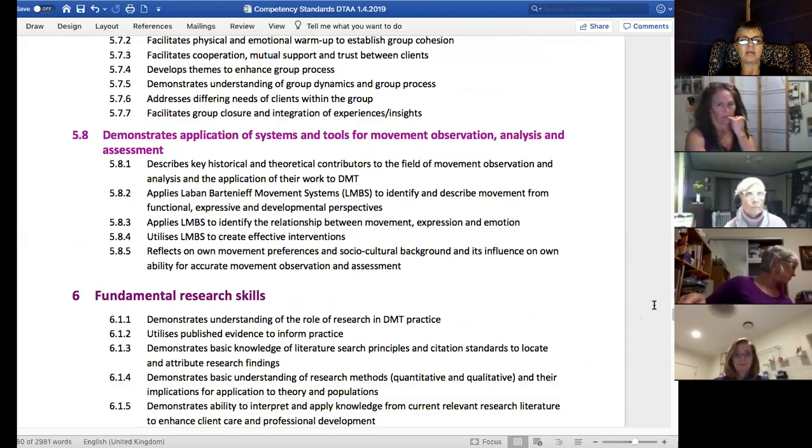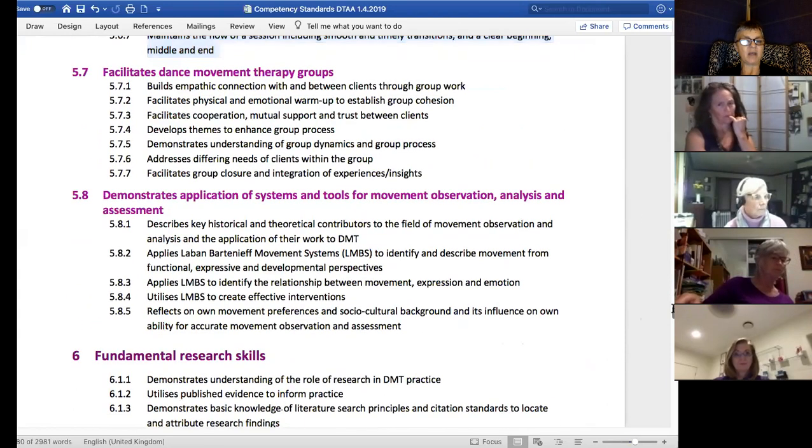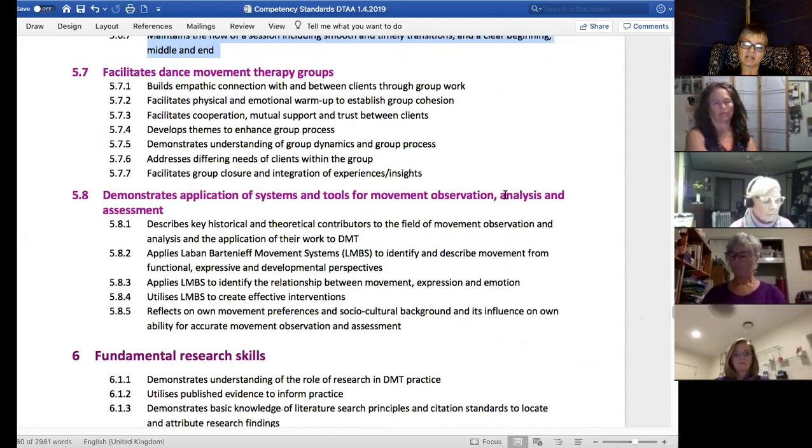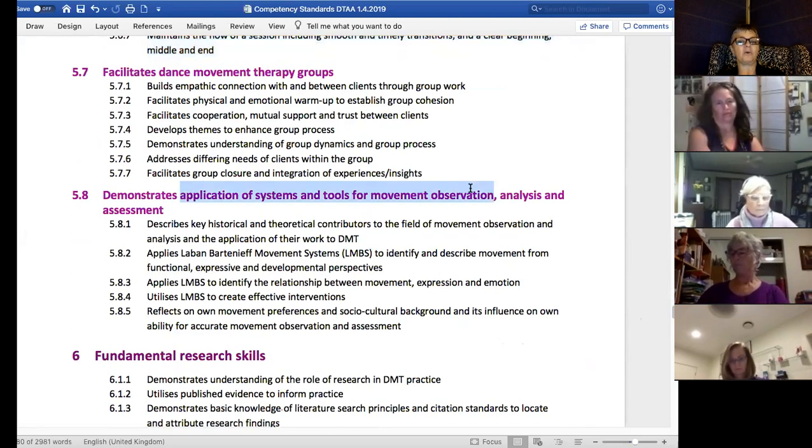This would be the area. We haven't specified KMP, but this is a system for movement observation, analysis and assessment. So this doesn't preclude using KMP or any other type of assessment approach, but we're asking that dance movement therapists have capacity for observation, analysis and assessment.